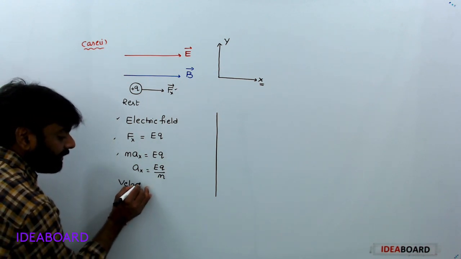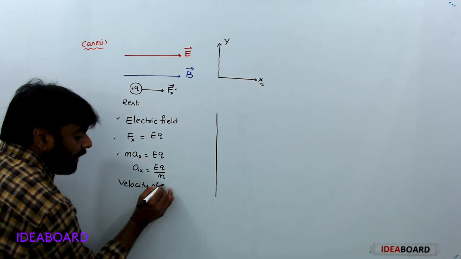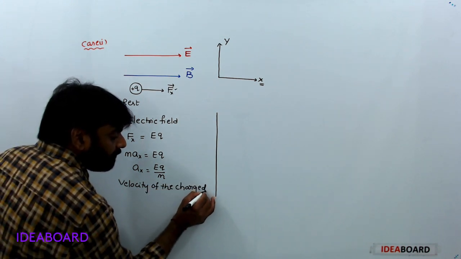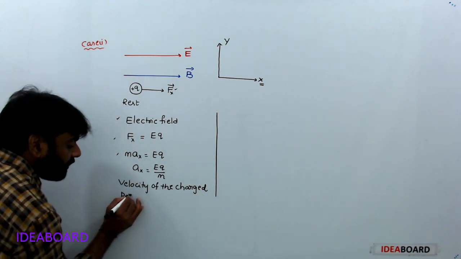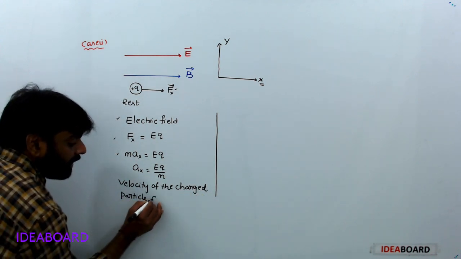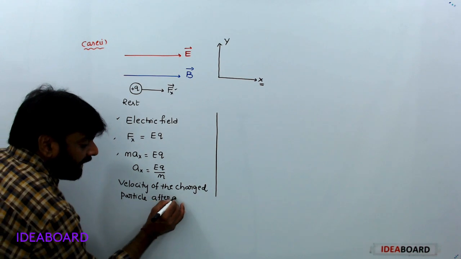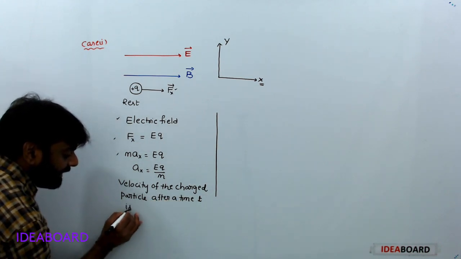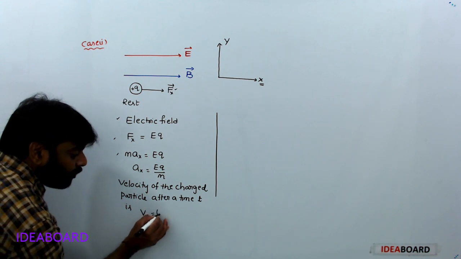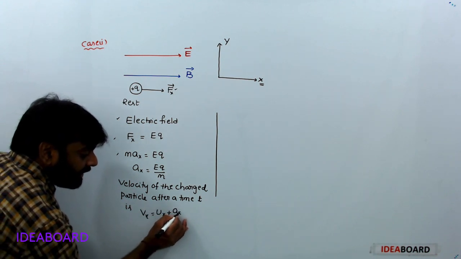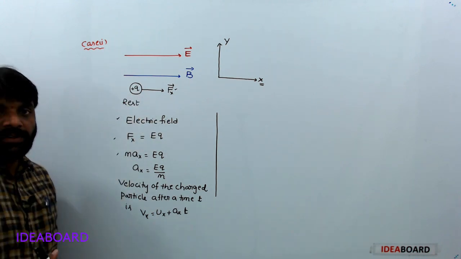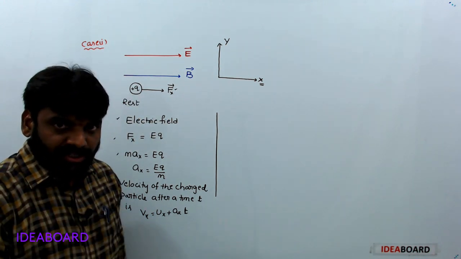Velocity of the charged particle after a time t is Vx equal to Ux plus Ax into t. Initially at rest, after a certain time it attains a velocity.